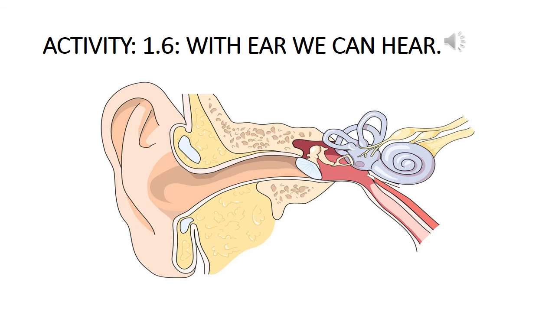Now you have to label the diagram by filling in the names of the parts of the ear that are given in question number 1, that is, outer ear, inner ear and middle ear. You have to label the picture by writing these words in the blanks given below.